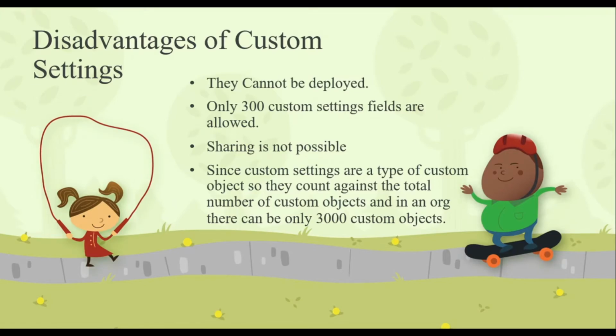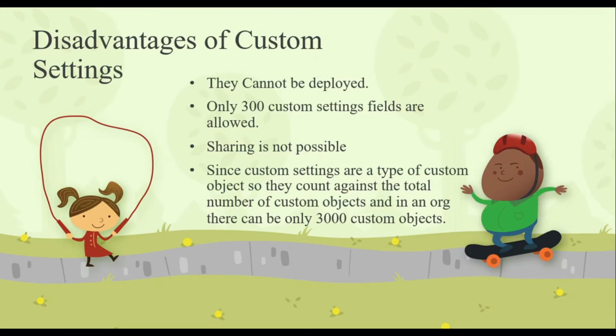From this, guys, we could also understand the multi-tenant architecture of Salesforce: no one gets more, no one gets less, everyone gets an equal share. This is a very good example that we cannot have n number of custom settings.